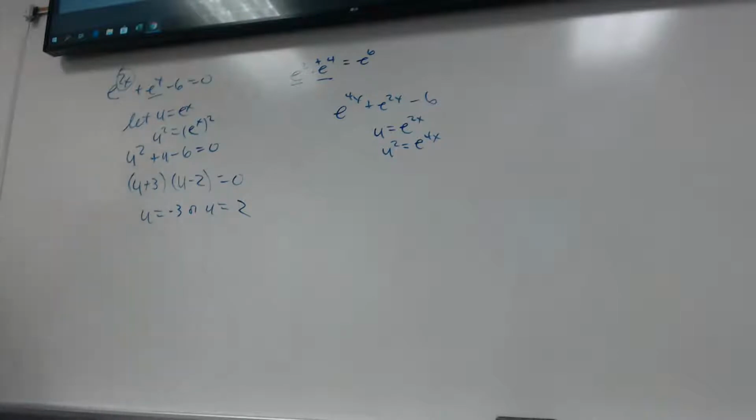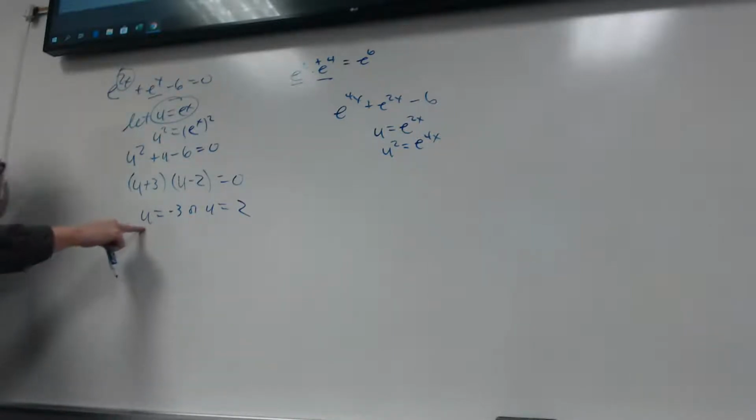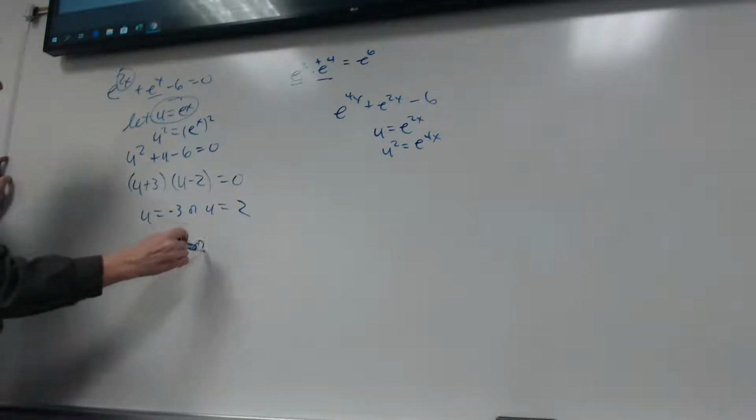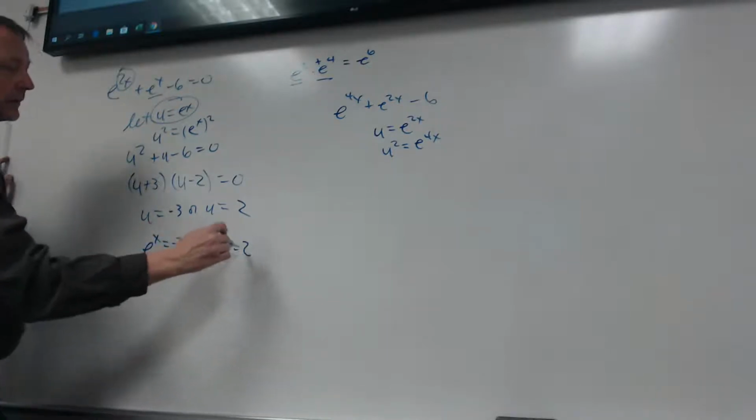And now what? Now we need to substitute back, right? Because u really equals that. So now, e to the x equals -3, or e to the x equals 2.